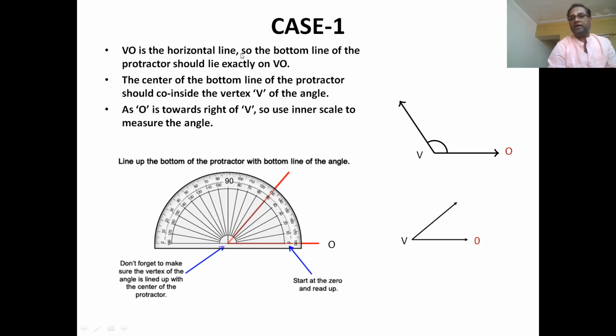So the bottom line of the protractor should lie on this ray VO.